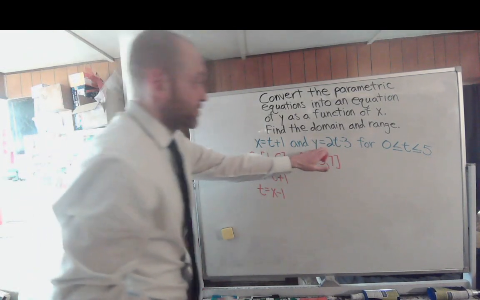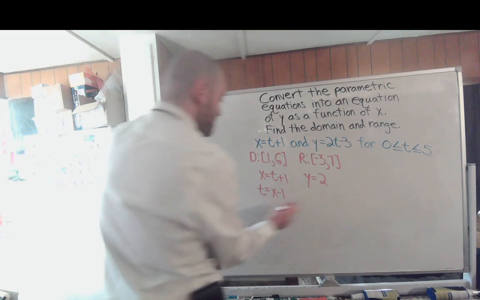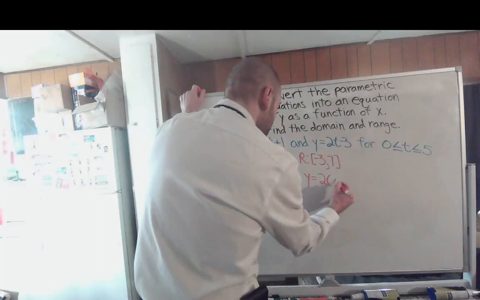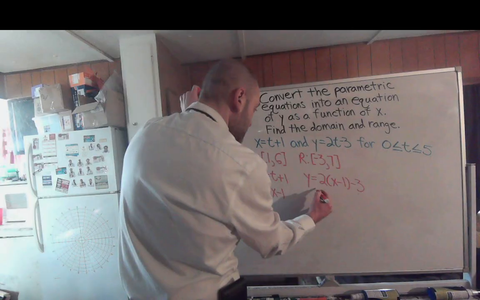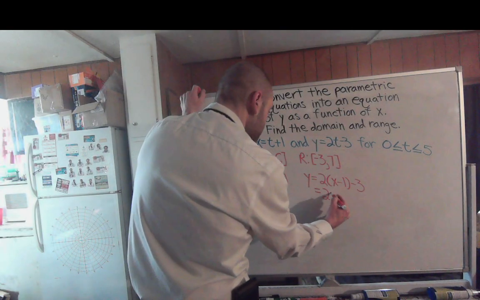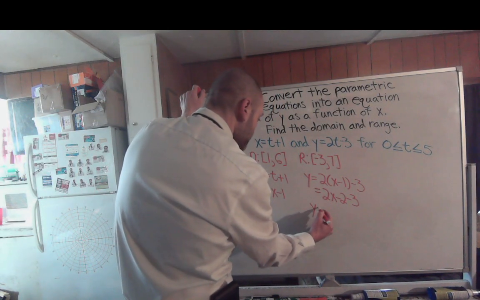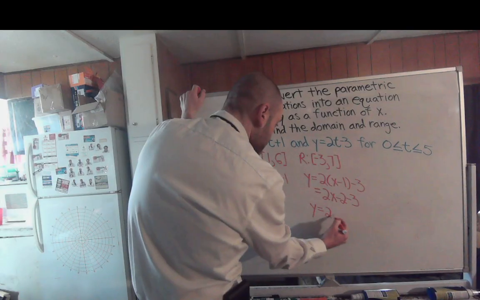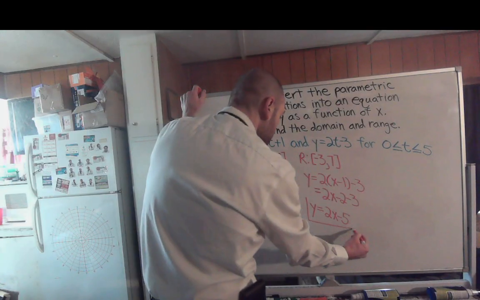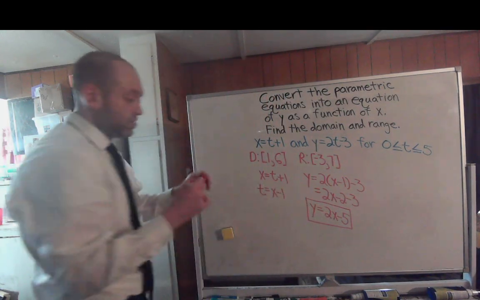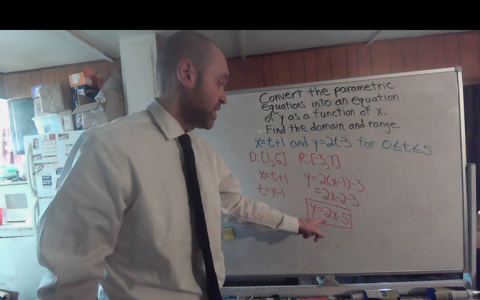Now you're going to come over to your y equation. y would equal 2 times that value of t, which in this case is x minus 1, all that minus 3, which means you would get 2x minus 2 minus 3, which means that y would be equal to 2x minus 5. So what you're looking for to get y as a function of x is y equals 2x minus 5.